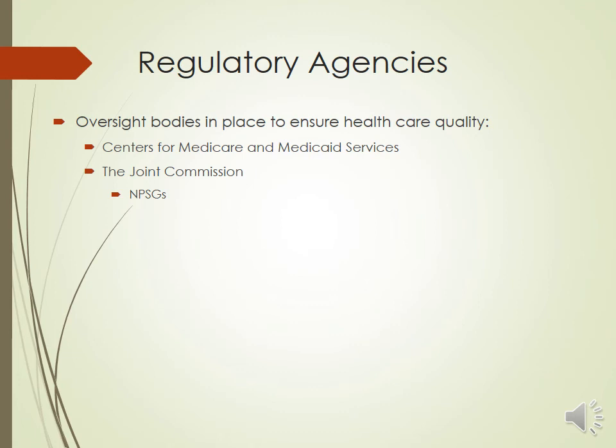They provide oversight for reimbursement issues and are definitely looking at the quality of care, and are looking at nursing sensitive issues, so the nursing quality indicators as well as medical quality indicators.